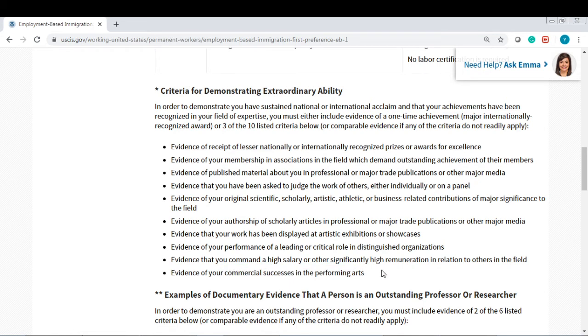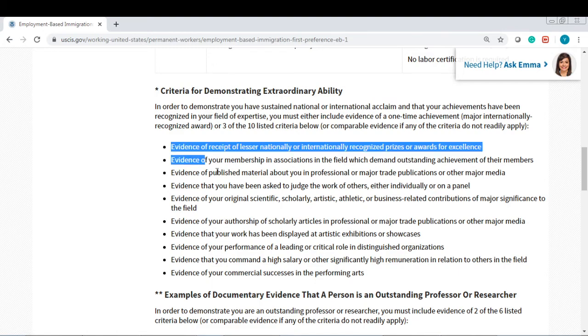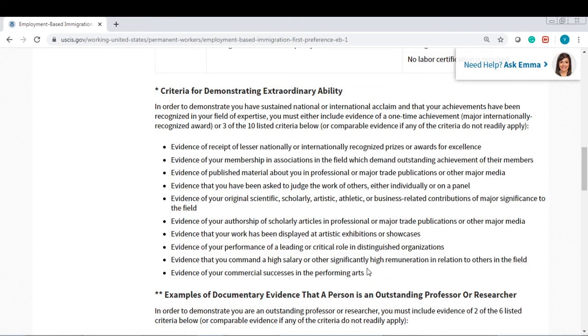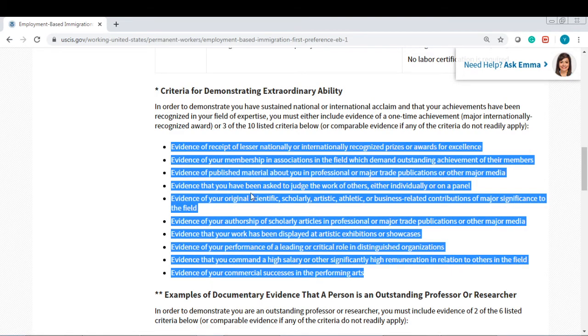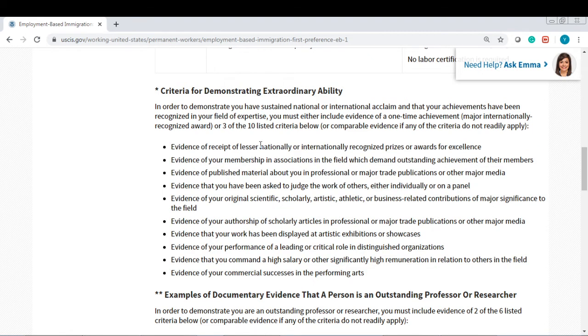So for the majority of students, you may not be an international prize winner, like a Pulitzer or Nobel Prize winner. But you could use the 10 evidence items here to show that you qualify for this category. You need to show at least three. The more, the better, right?